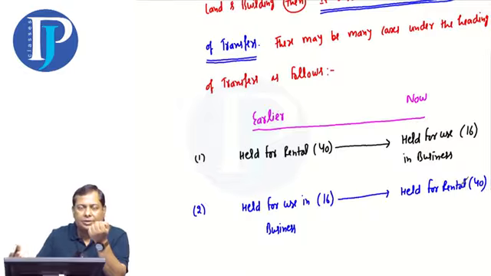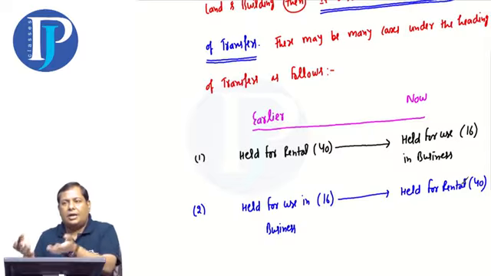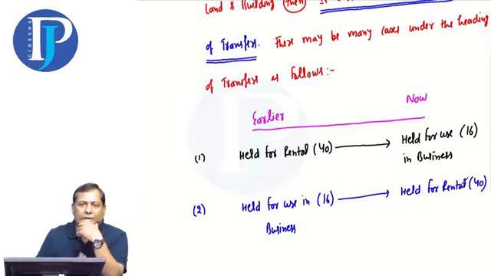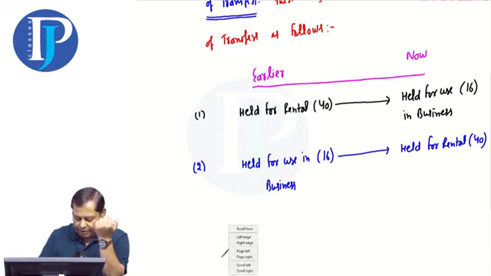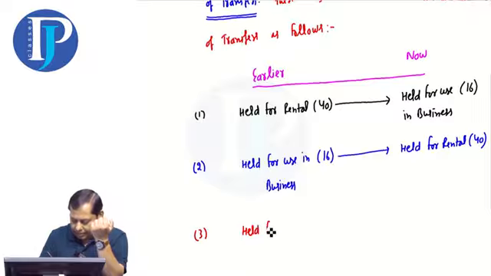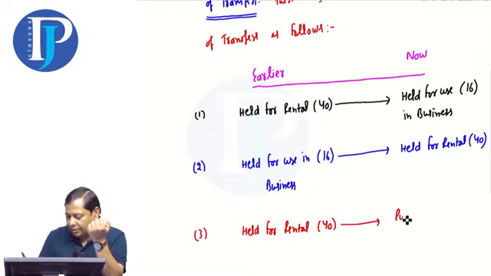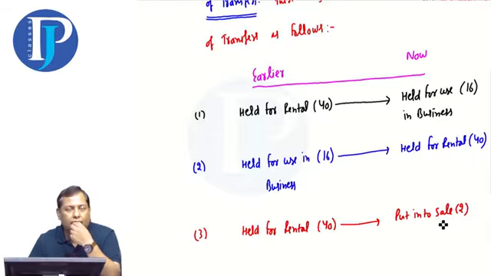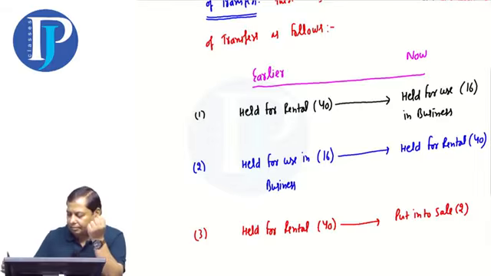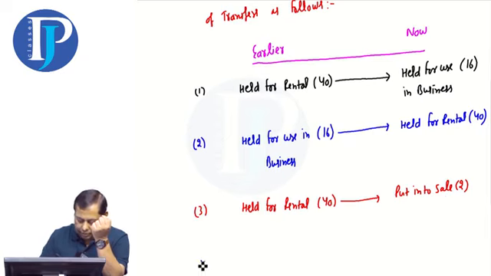Can go from 40 to 16 and come back from 16 to 40. It's up to the owner. If it is leased out, 40. If it is used, then 16. As soon as the intention changes, transfer case will be applied to it. Held for sale. Held for rental. We were applying 40. But now we are being told to put it on sale. If it's written with the intent to sell, then point number 4.